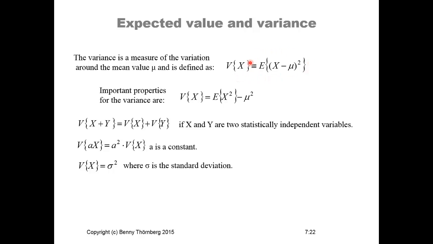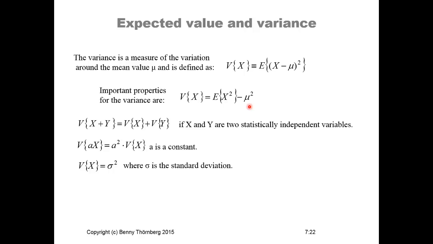So this is the definition of the variance, and from this follows a number of important properties. The variance of the stochastic variable x is equal to the expected value of x squared minus the mean value mu squared. This is actually the total power of the signal minus the square of the mean value.